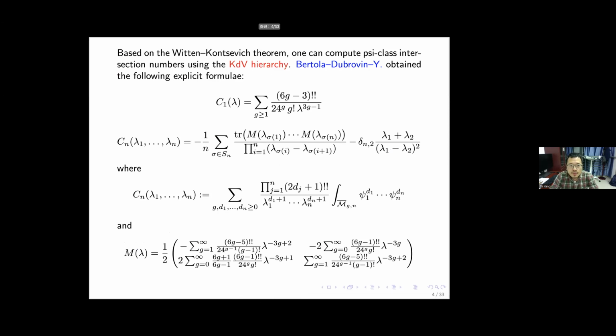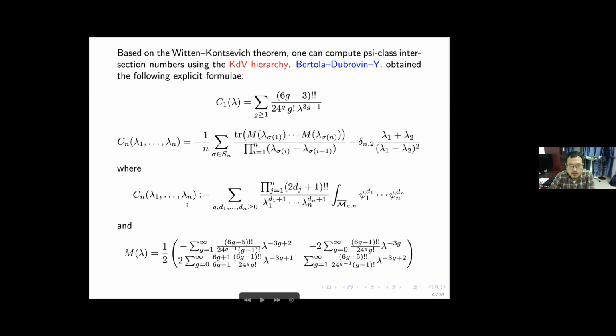In particular, with Marco Bertola and Boris Dubrovin around 2015, we solved this PDE system, and indeed we obtained an explicit formula for all these numbers.